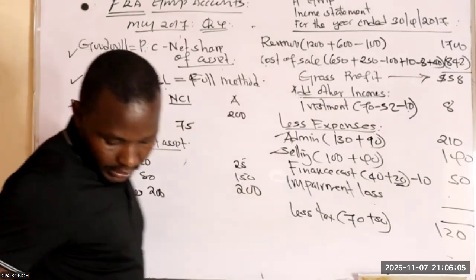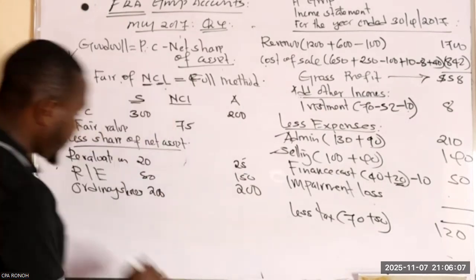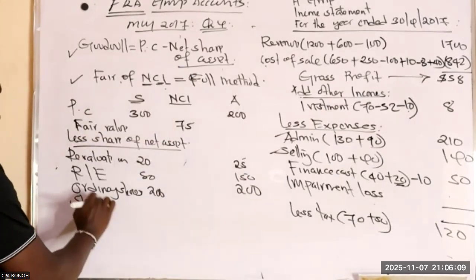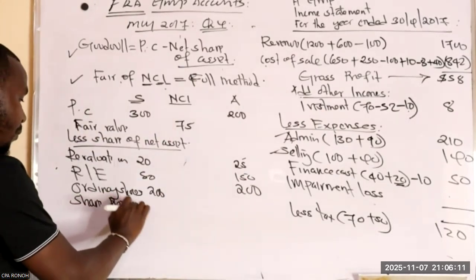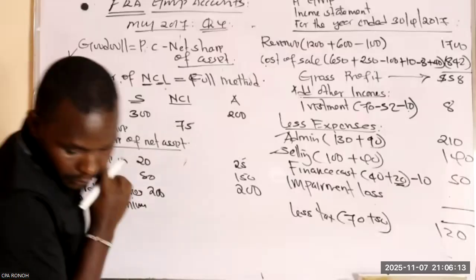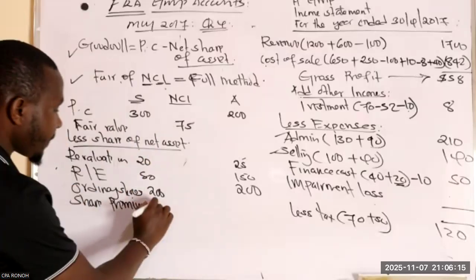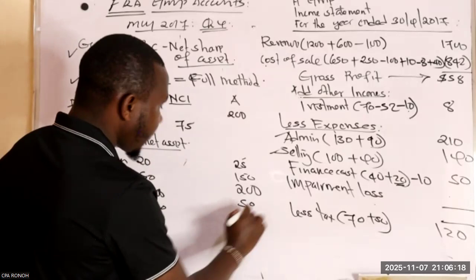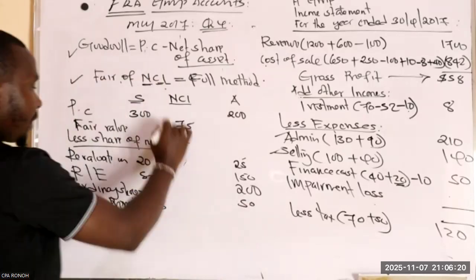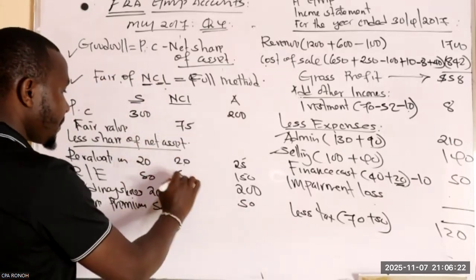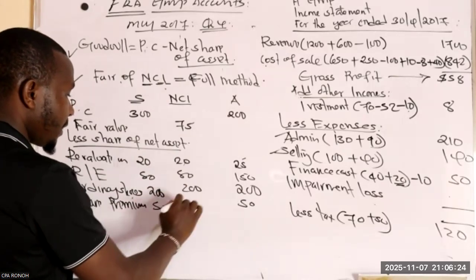We have the share premium. Yes, there is a share premium. We also have 50 and 50. So this one also, it is the same. You take the same 80, 200 and 50.